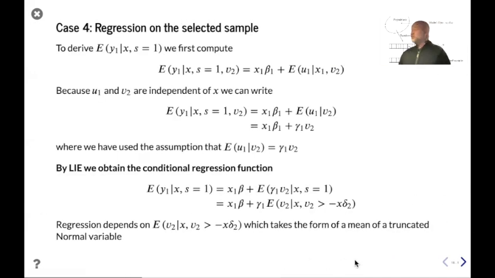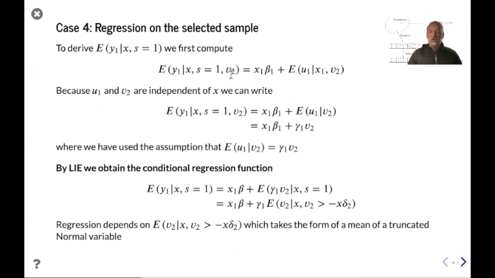And actually, that's the assumption that we're going to make in the context of likelihood models that we'll cover later on. So to derive the regression function conditional on selection, like we've done many times before, we'll first compute the regression function not only conditional on selection, but now also conditional on V2.